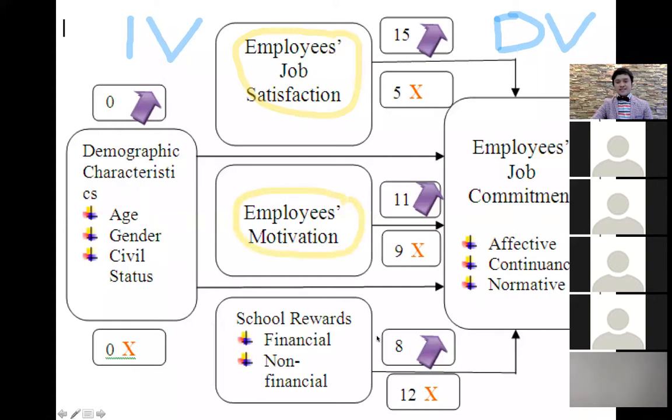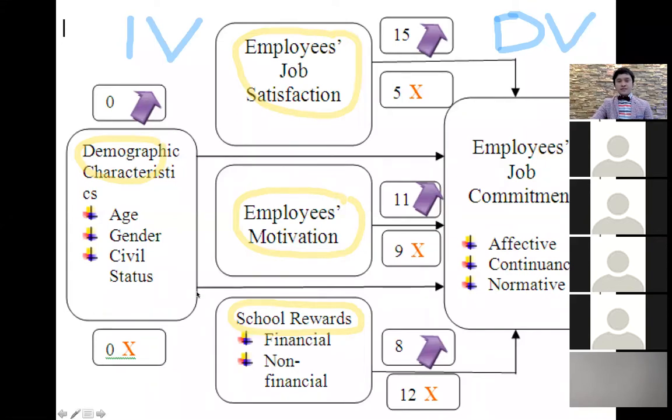And then another independent variable is school rewards or company rewards. And then of course, ang walang kamatayang demographic characteristics, na hindi ko na masyadong pinapansin ngayon because of the Data Privacy Act. We do not want to get personal information from the respondents.